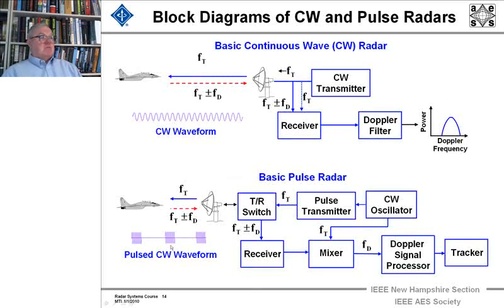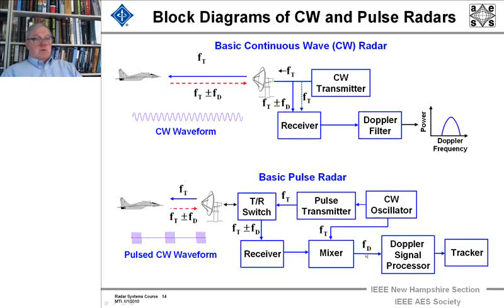A basic pulse radar, on the other hand, sends out pulses of CW waveforms, many of them. In this case, 3. There's a transmit-receive switch, and then the received data goes into the receiver, where it is mixed with the CW oscillator, which is at the frequency of the transmit pulse. It comes out with just the Doppler frequency of the target, plus or minus.